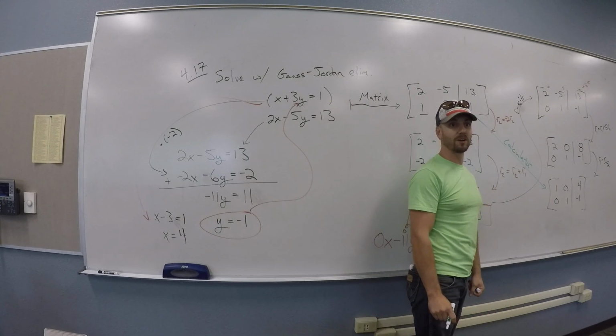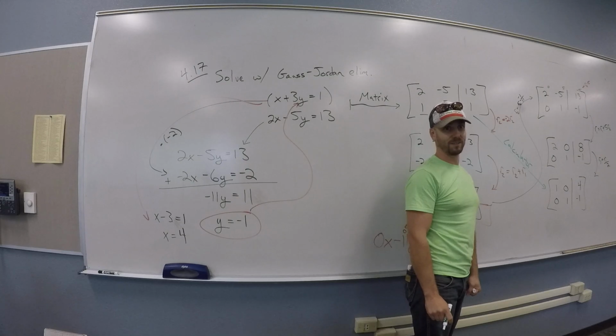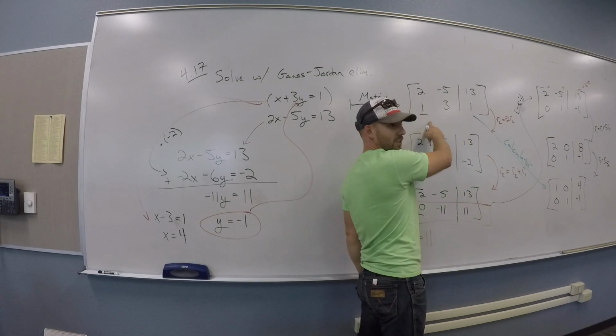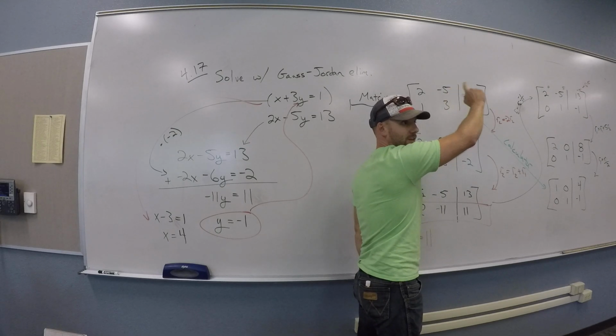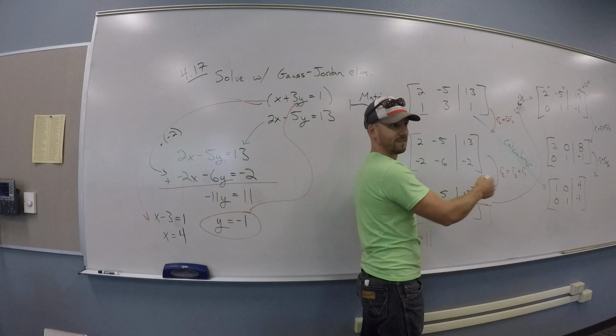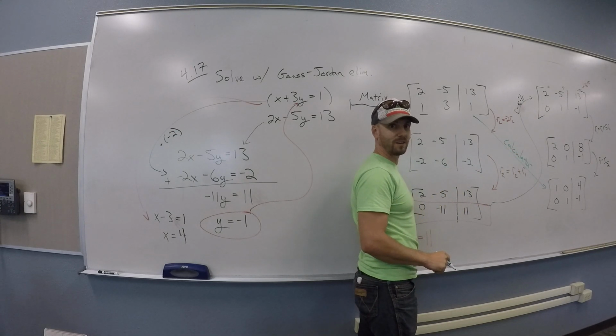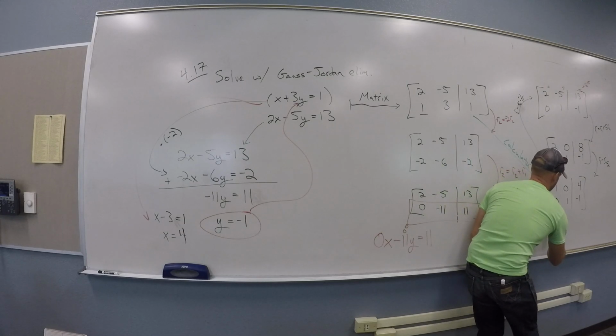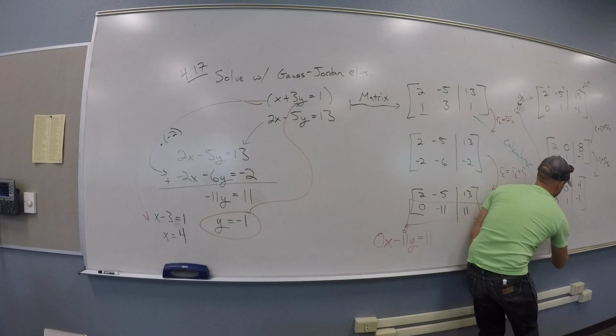I would literally draw that arrow. Really, what I expect from you guys is just say matrix, matrix, arrow with calculator written next to it, result. And then from here, I expect you to say, so x is 4 and y is -1.